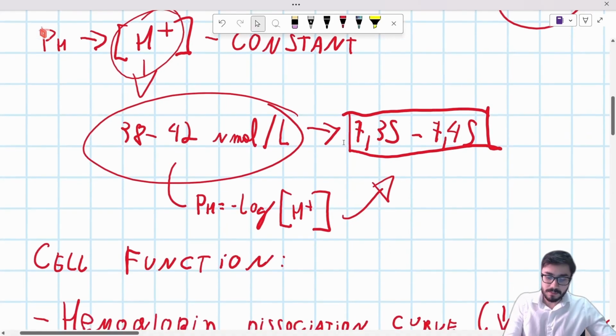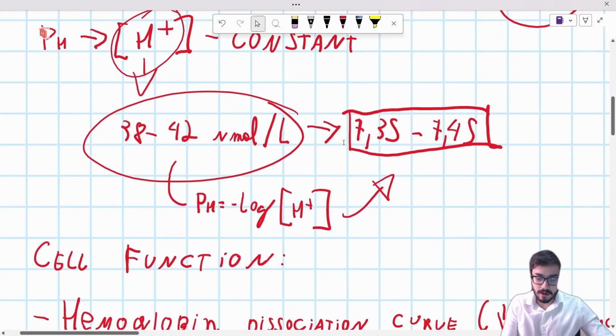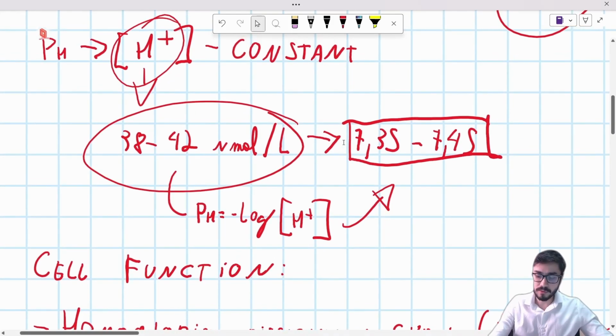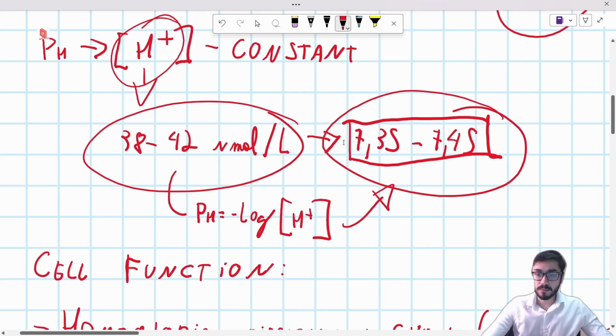So the pH will be equal to minus log of the concentration of H+. We'll end up with a number between 7.35 and 7.45. This will be the normal pH in the blood.